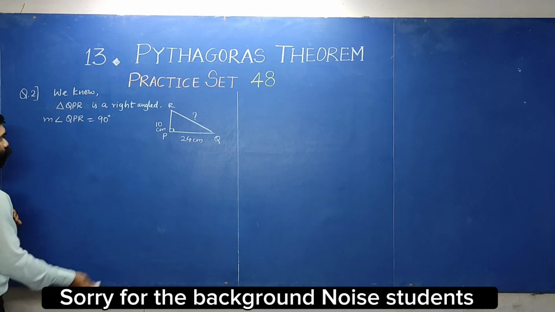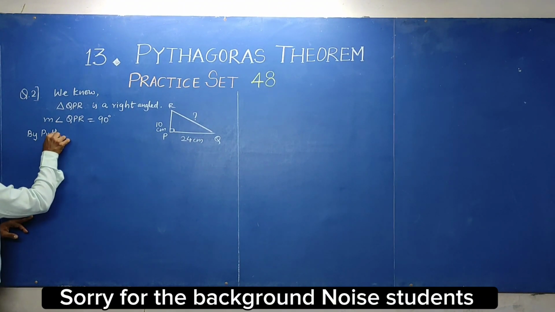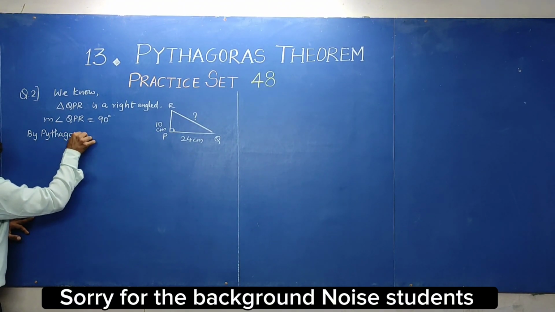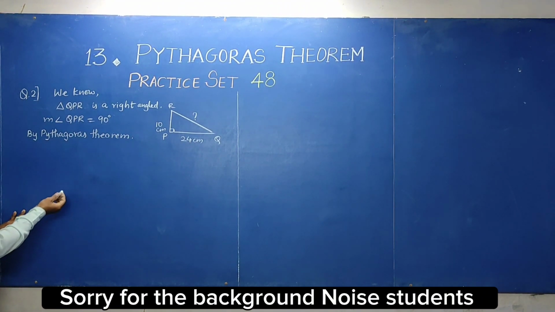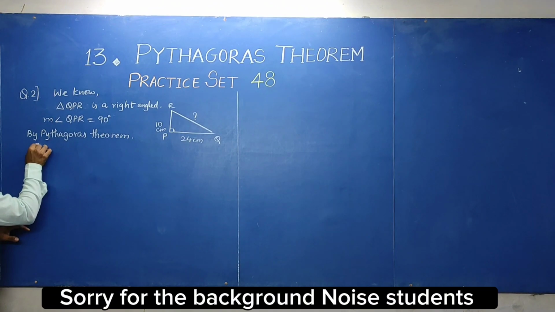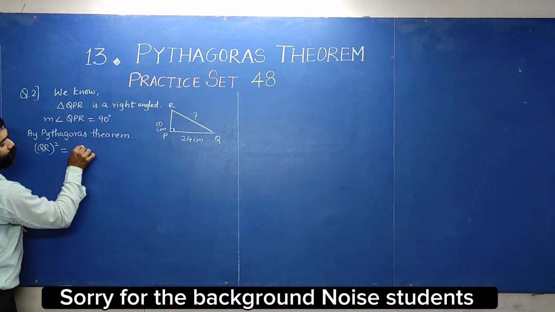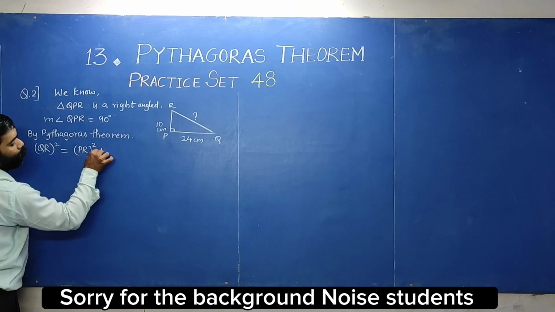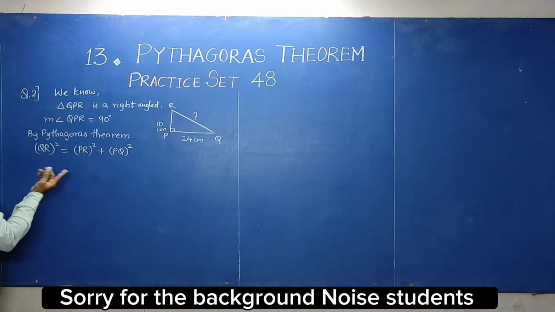So by Pythagoras theorem, what we understand is QR is our hypotenuse, so QR square is equal to PR square plus PQ square. Okay, so QR we don't know, we will write as it is.